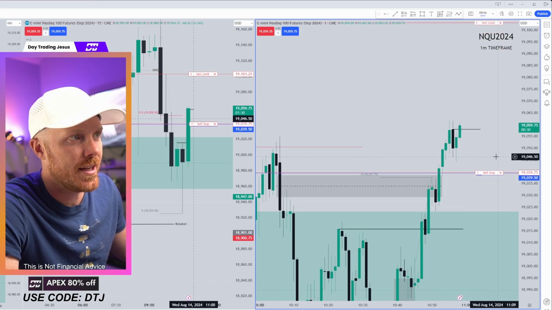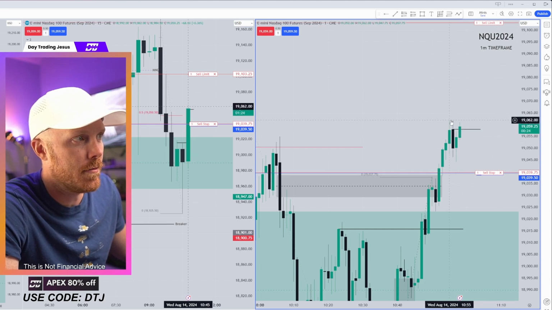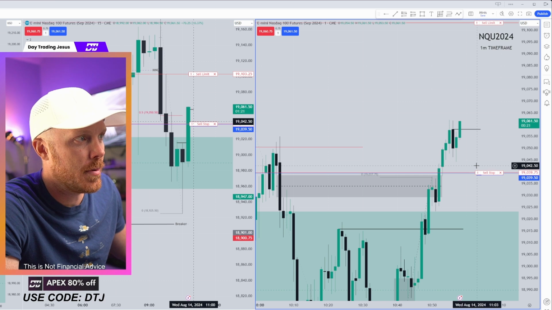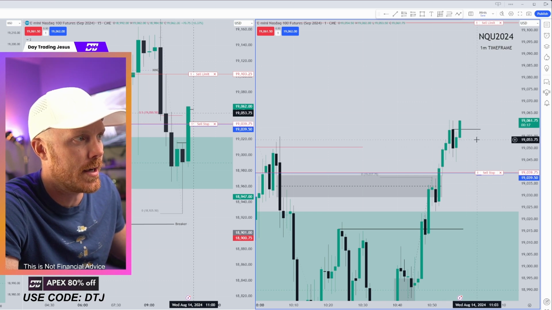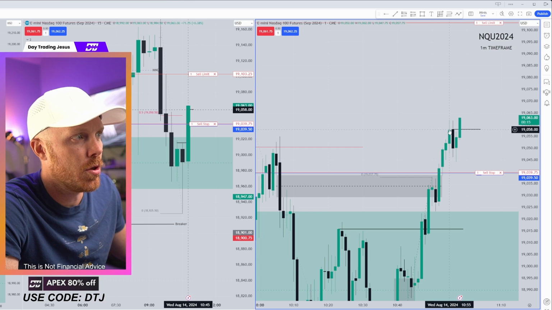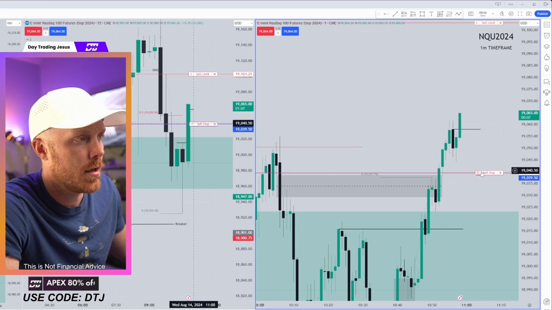It just takes time, and I'm getting better at this every day. I'm hoping it closes above in 22 seconds, and then I'm moving my stop to just below the mean threshold, the middle of this down close candle that in 10 seconds will be an order block. Perfect. Come on.